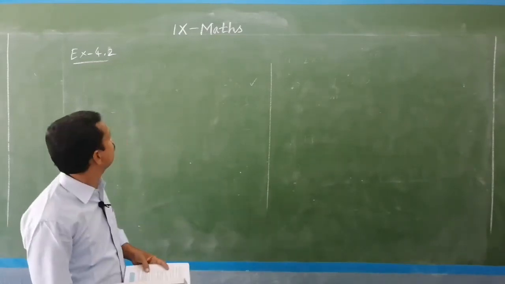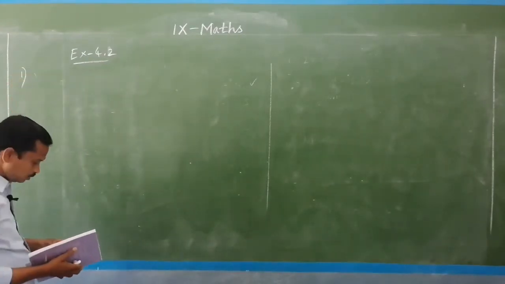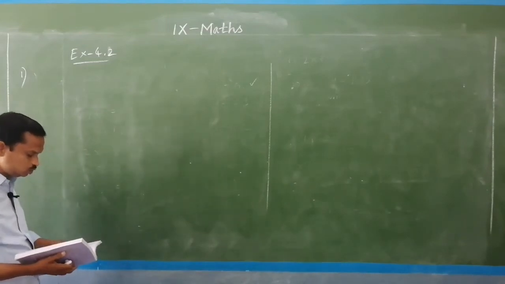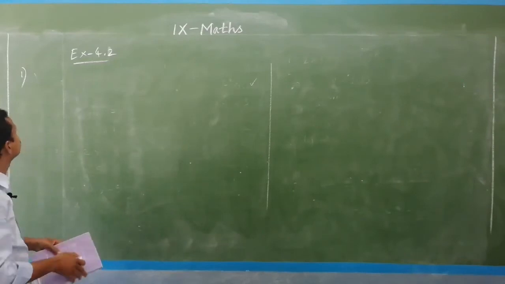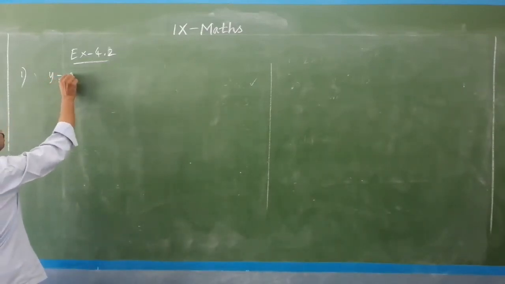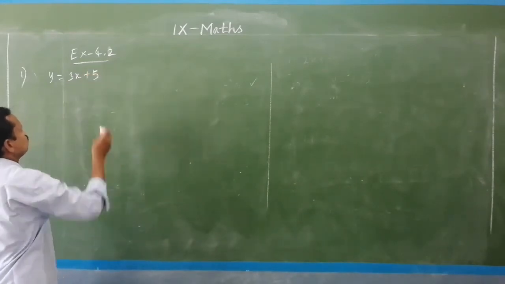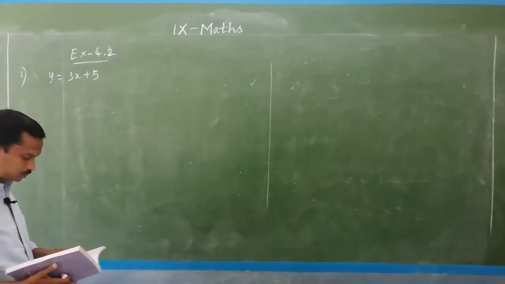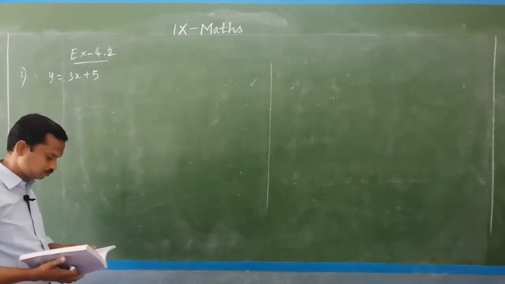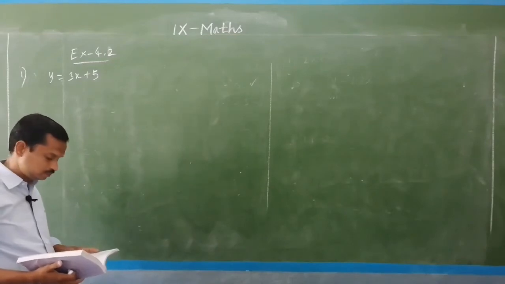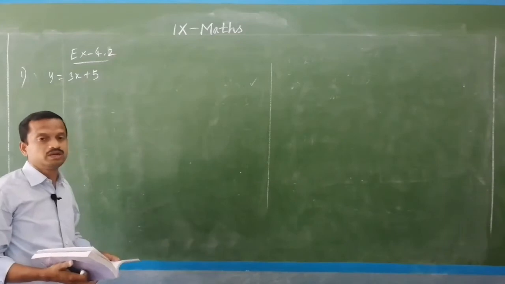So, exercise 4.2, first sum. Which one of the following options is true and why? The given equation is y equal to 3x plus 5. Three options are given: unique solution, only two solutions, infinitely many solutions.